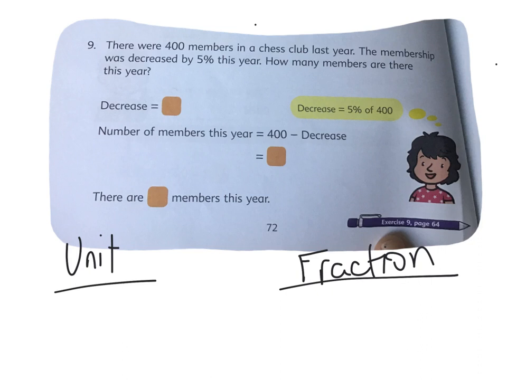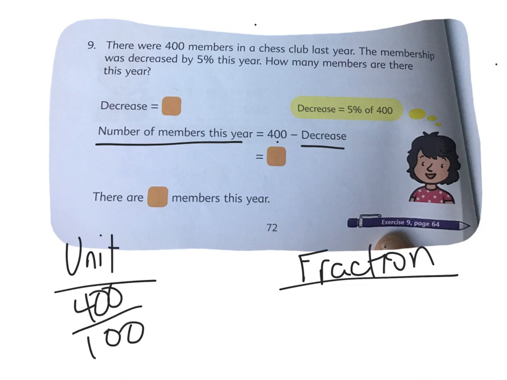How many members are there this year? So a decrease is going to be subtracting. So number of members this year was 400, and we're going to subtract the decrease of 5%. So I'm going to do it two different ways. The unitary way is going to be 400 over 100, which equals 4.